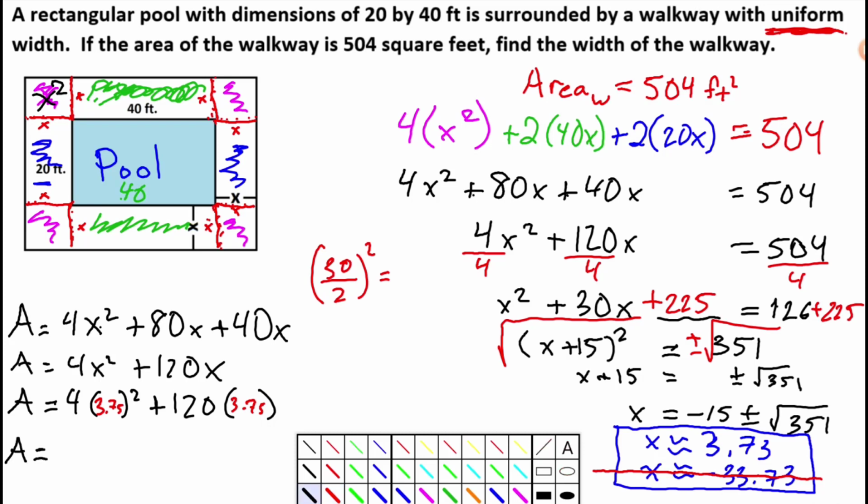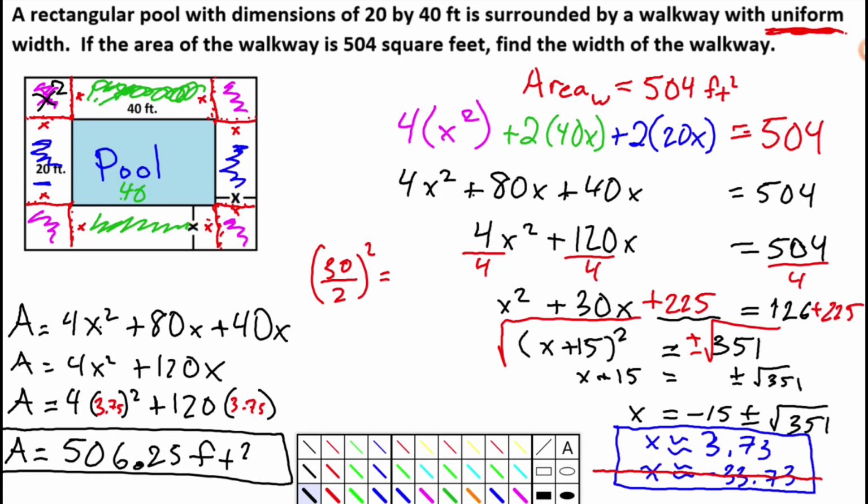And I get an answer of 506.20 feet squared. And that's pretty close. Now, remember I rounded my answers here. We calculated 3.73, and I'm rounding it to 3.75, and that's what I'm checking. All right, so again, that's one way to do this problem, using completing the square and just going piece by piece, as we're trying to write an equation for it.